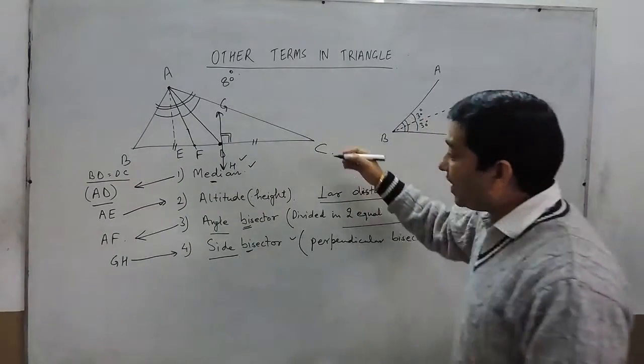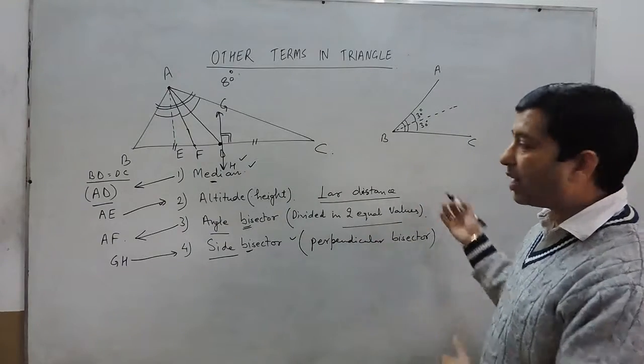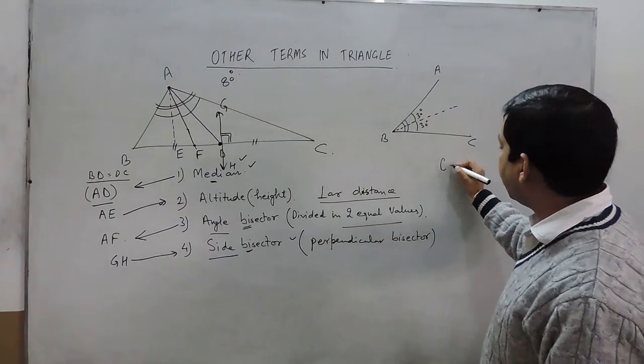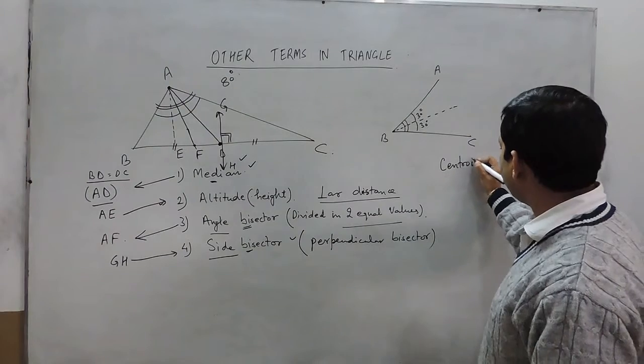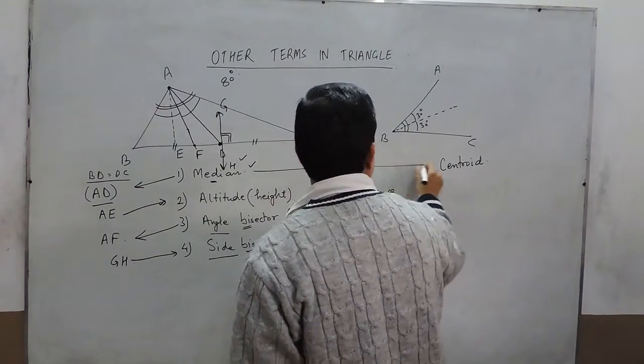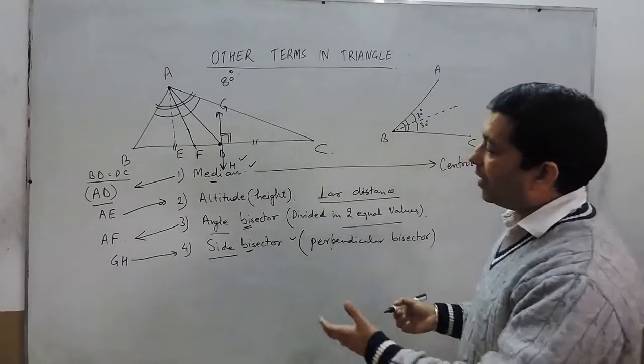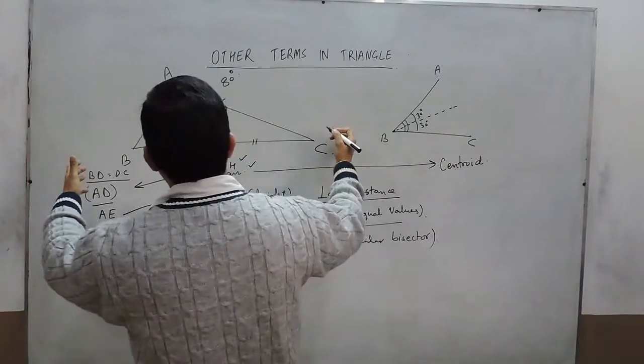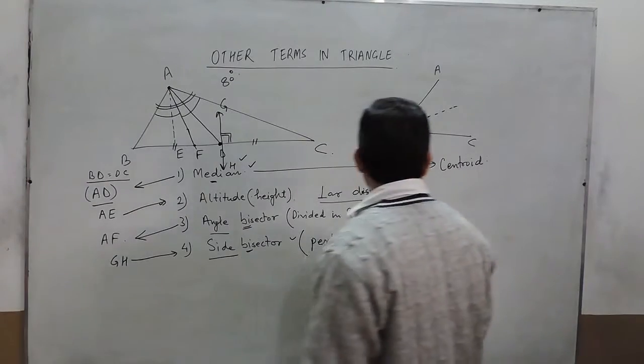Now, with these four terms, we come to another four terms. The centroid is the point where all the medians meet. In a triangle, as there are three sides, we can make three different medians.